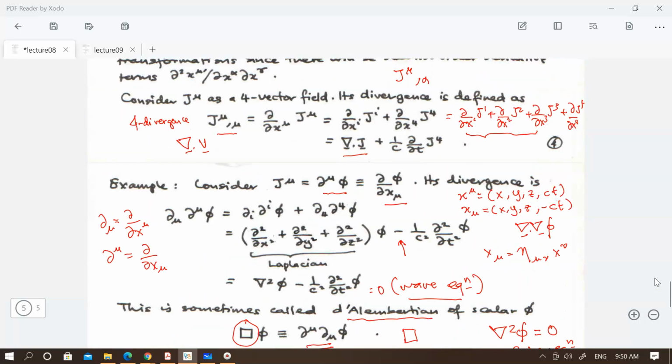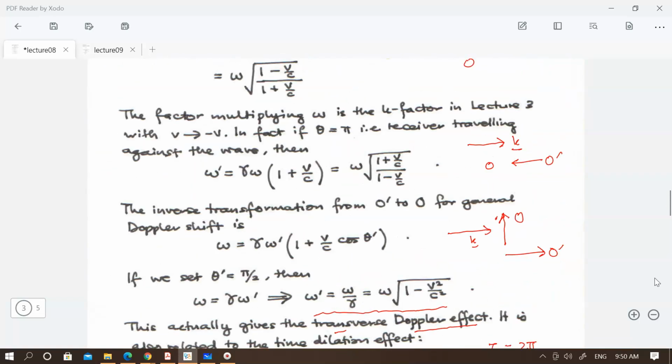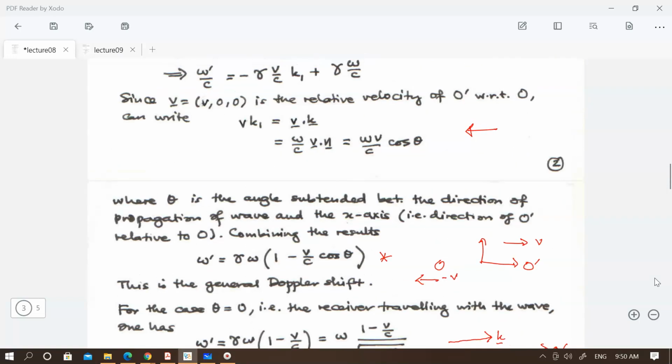So what I did was, perhaps I should explain this particular equation, vk1 equals to that.